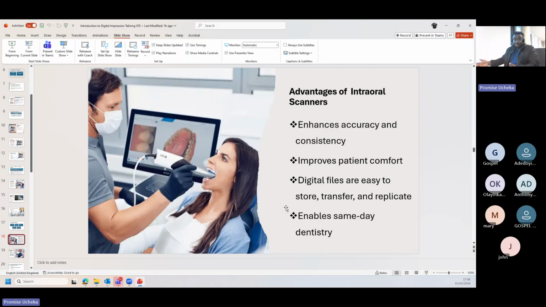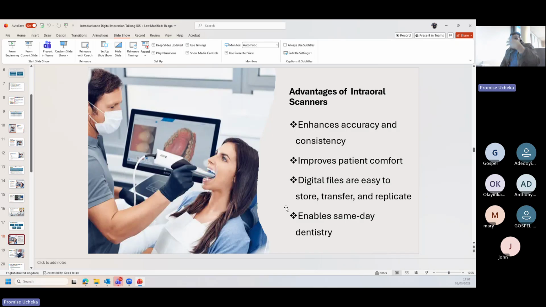I don't know whether you are going to label them with the names of the patients, whether you are going to reuse them or throw them away. With intraoral scanners, you have a digital file for all of your patients, and you can access it with your mobile phone or your laptop. You don't need any physical space to store alginate, impression trays, or even impressions that you've already created. So that's one advantage, and it enables same-day dentistry.